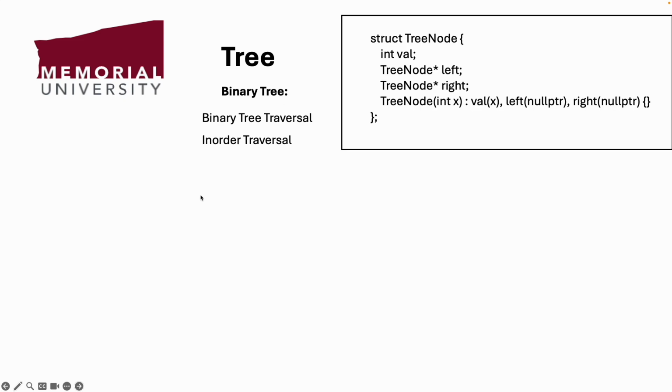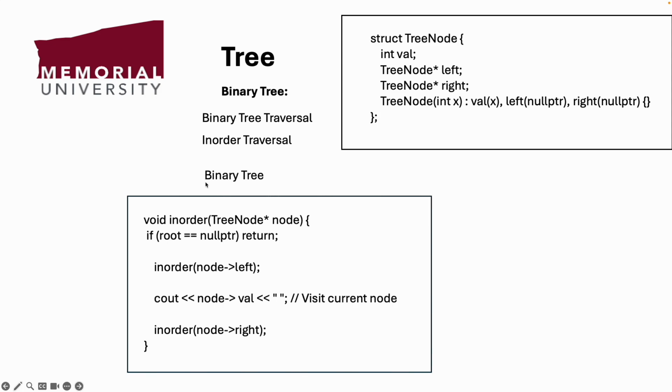Okay, let's look at the code to implement the in-order traversal for the binary tree. As you can see, the base case is the same. If the root is a null pointer or is empty, we do nothing and return.